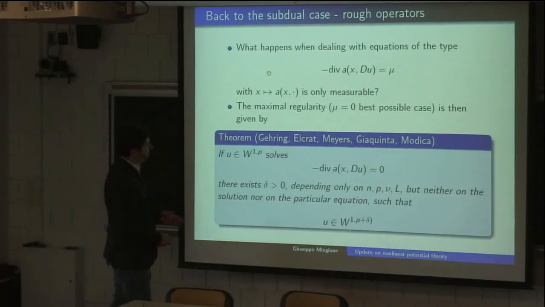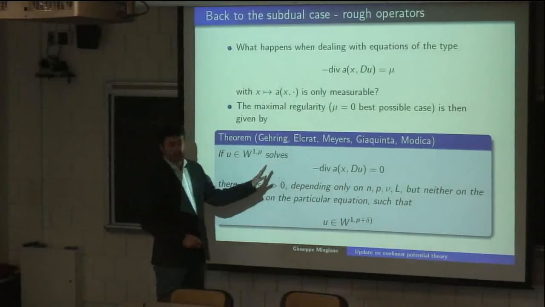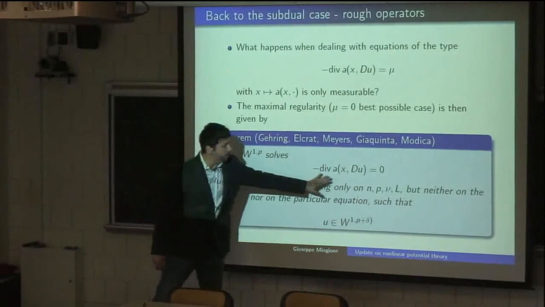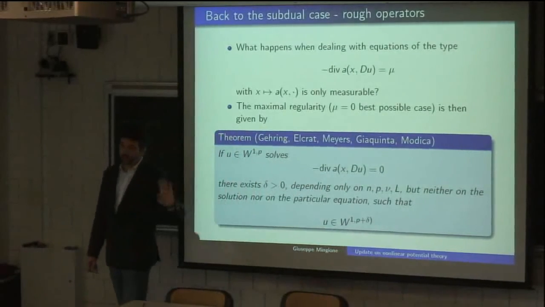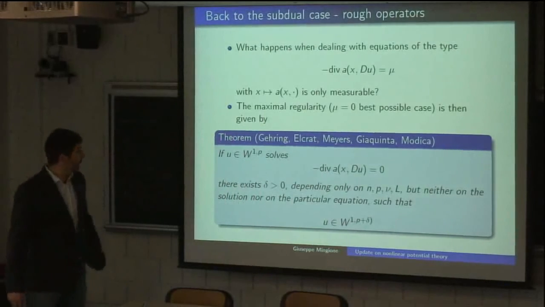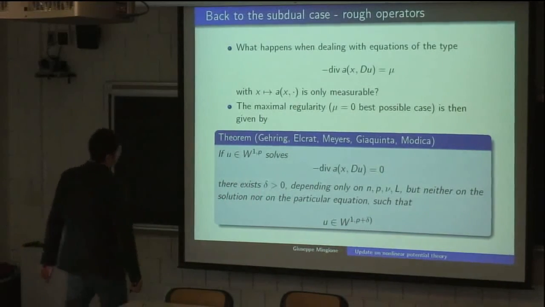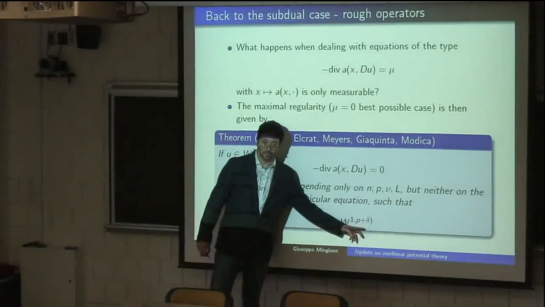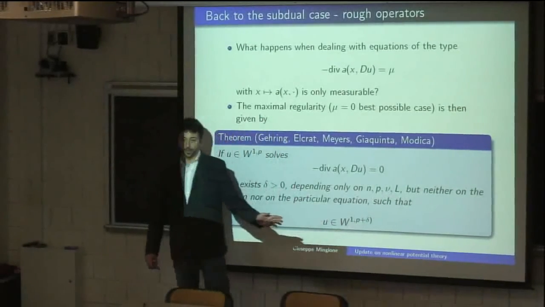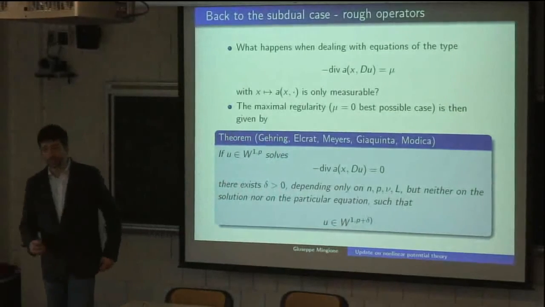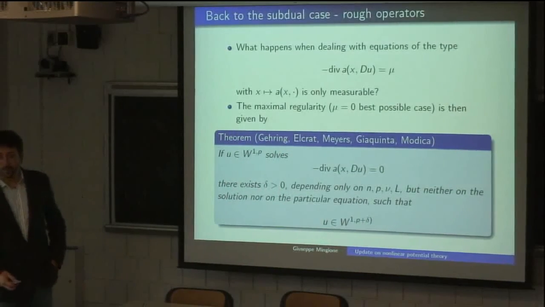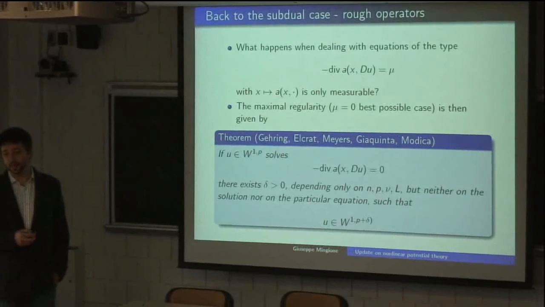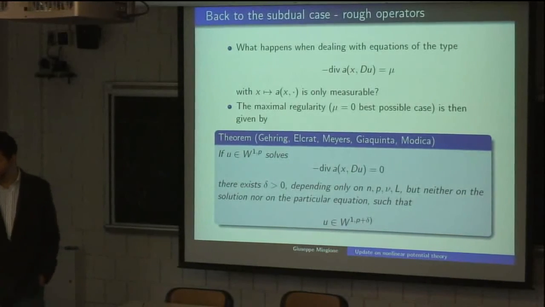Actually, there's an analog. What's the maximal regularity when coefficients are measurable? The maximal regularity is the so-called higher Gehring integrability. So the solution is known to be in W^{1,p+δ}. So it's a bit better than W^{1,p}. This is the best you can get. So if you want to have an analog of these estimates, this analog must stop at p plus delta.